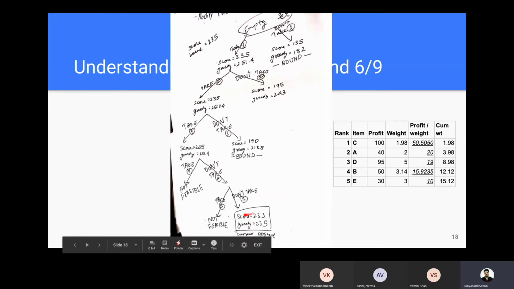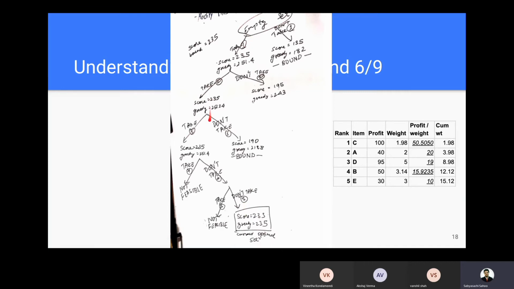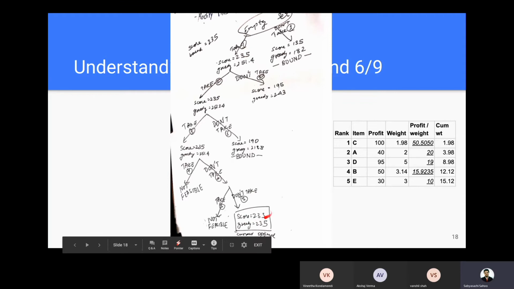And then if you don't take 5, you finally reach this leaf node, where you see that you have actually taken 1, 2, 3. You have not taken 4, not taken 5, and your 0-1 knapsack value is at 235, and your greedy value also saturates at 235 for this point, right?